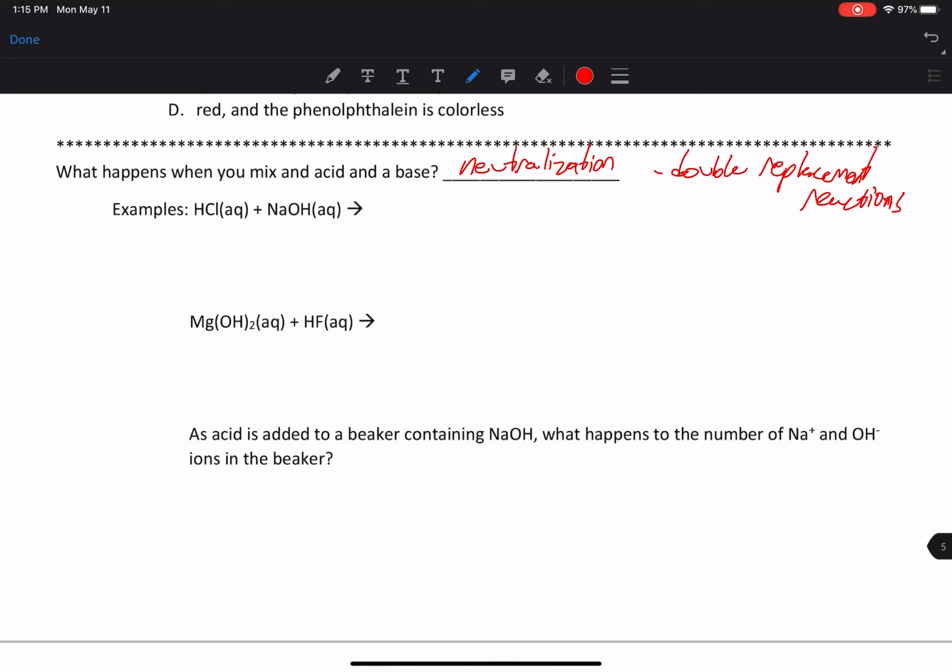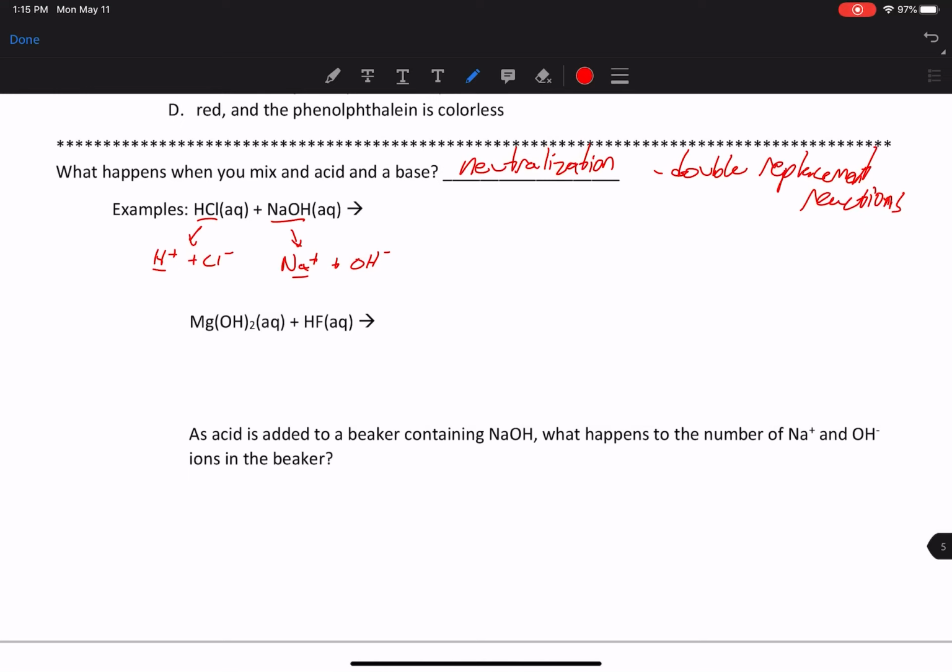So we have HCl, this is our acid, NaOH, this is our base. HCl breaks apart into H+ and Cl-. NaOH breaks apart into Na+ and OH-. Now in a double replacement reaction, your positive ions just switch places.